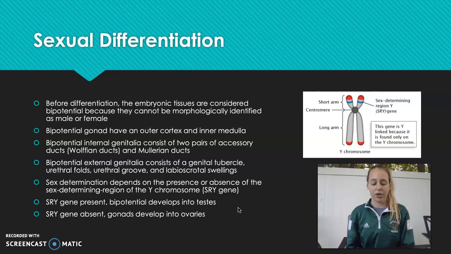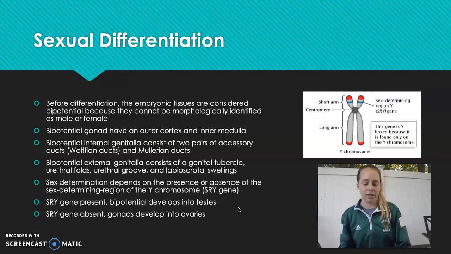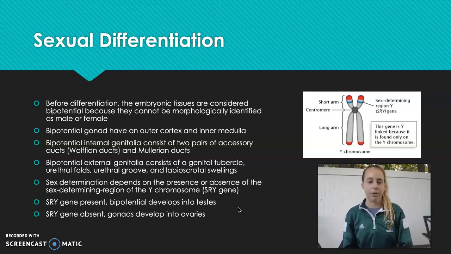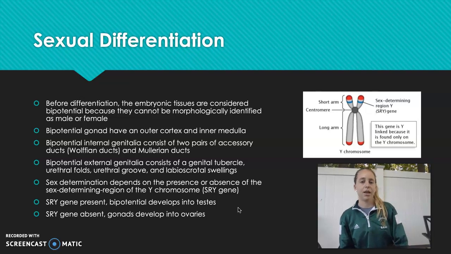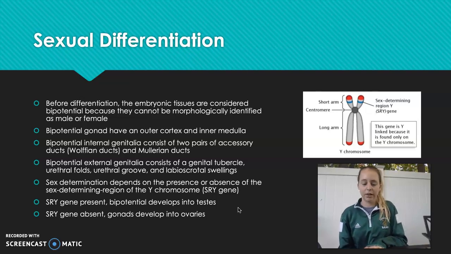The bipotential internal genitalia consist of two pairs of accessory ducts. These are the Wolffian ducts and Mullerian ducts. The bipotential external genitalia consist of a genital tubercle, urethral folds, urethral grooves, and labioscrotal swellings, which will develop into either male or female reproductive parts.